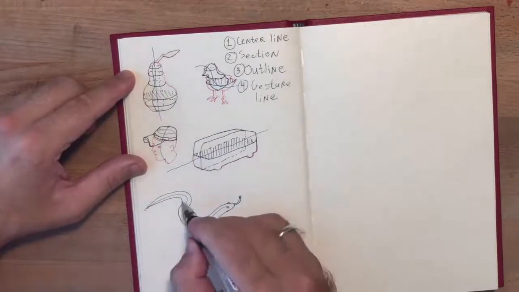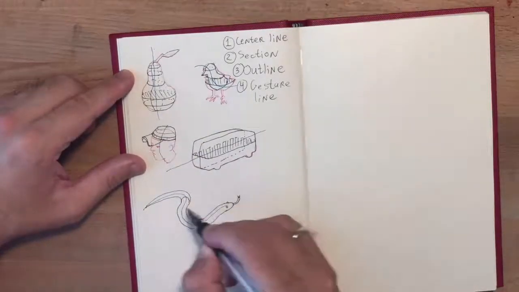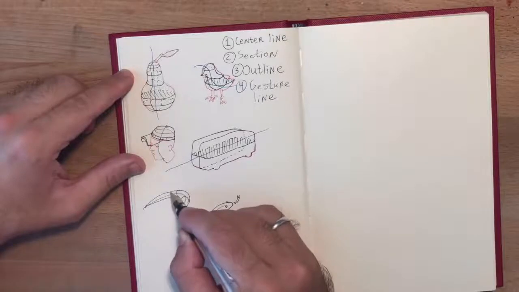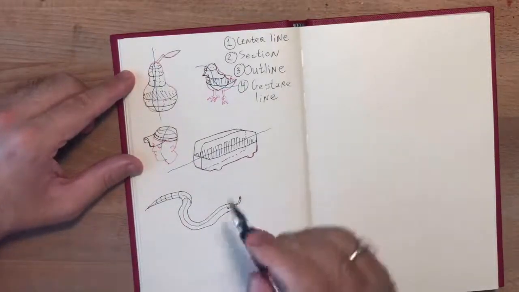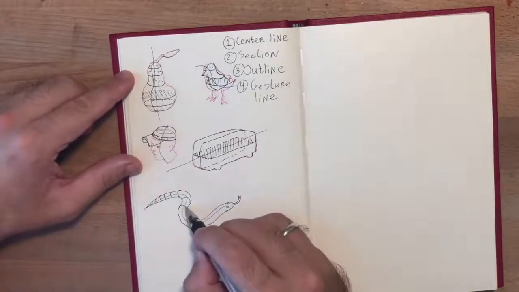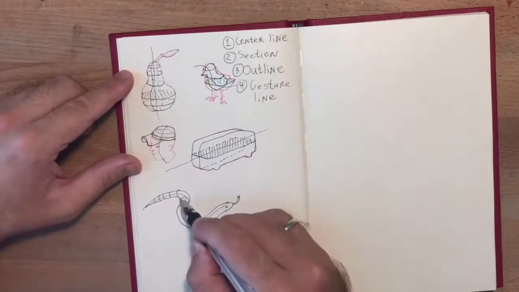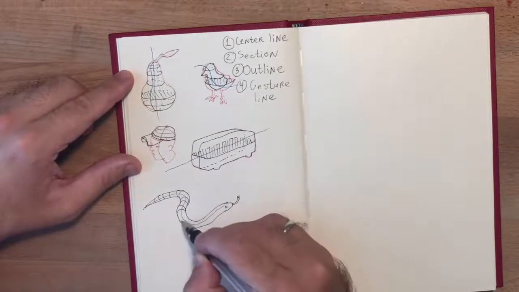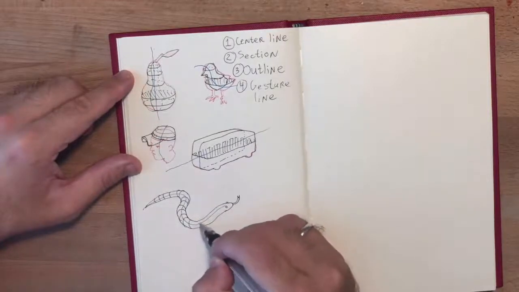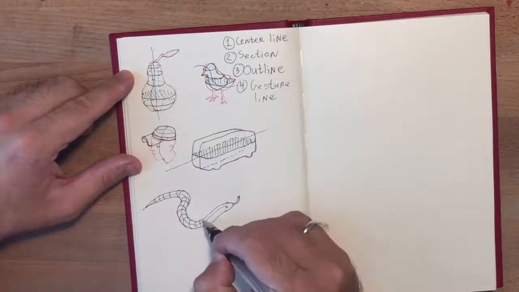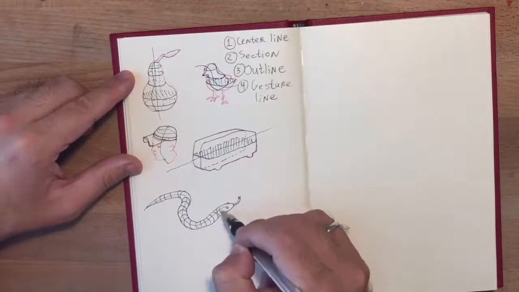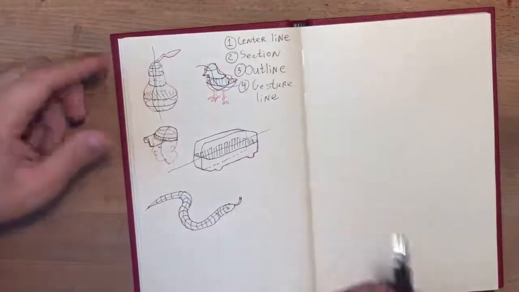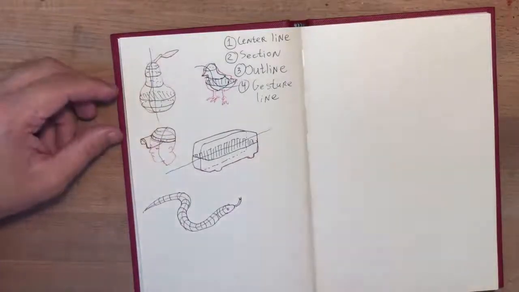and then if you draw some sections, then we will have this volume. We can show this snake form, so it's not flat anymore, and we can also see the movement of the snake in space.